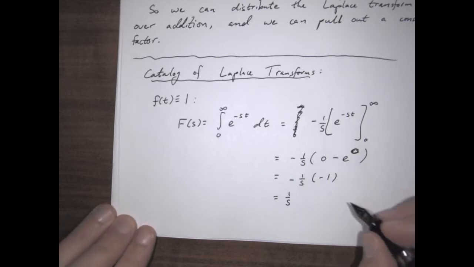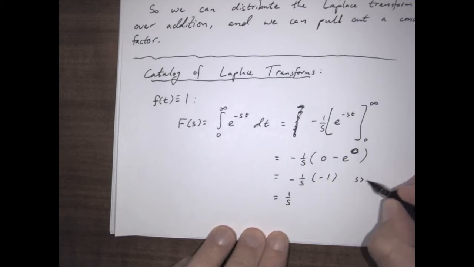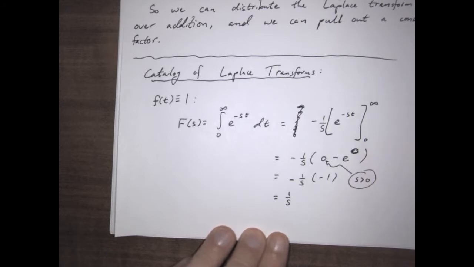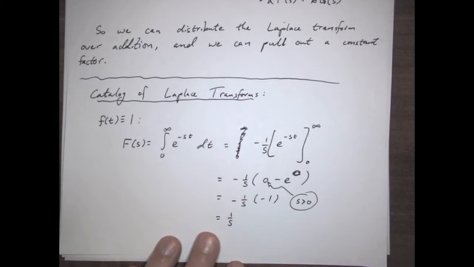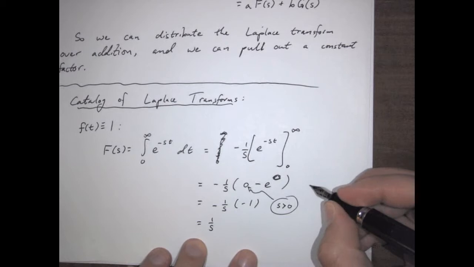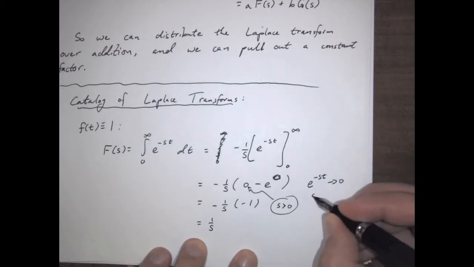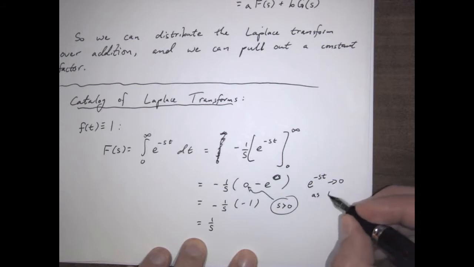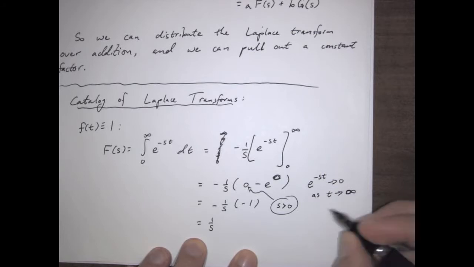And this is specifically where s is greater than 0. Otherwise, this one is no longer true. And the reason for this is because e to the negative st will go to 0 as t goes to infinity if s is greater than 0.